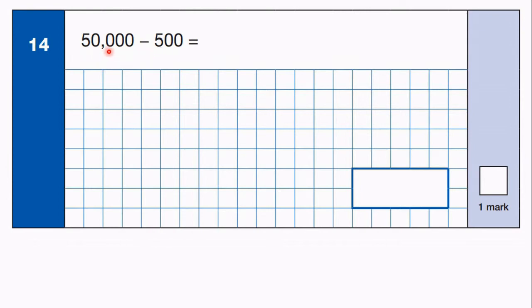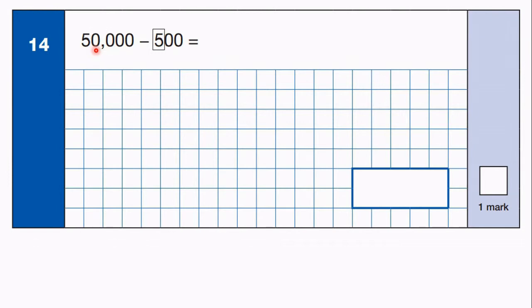So here, if we look at the hundreds columns, we have 0 hundreds and we're subtracting 5 hundreds. Now we can't do 0 take away 5, so it might be tempting here to use column subtraction. But what we can do instead is look to the left.